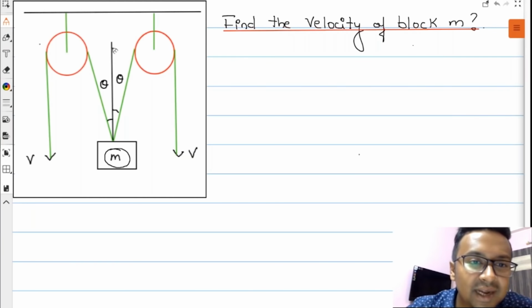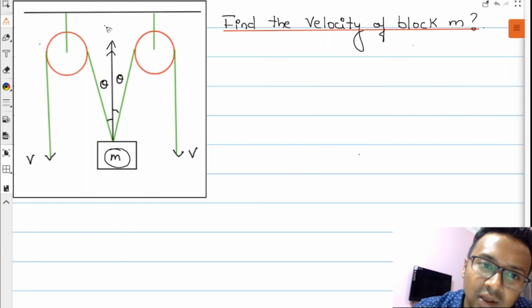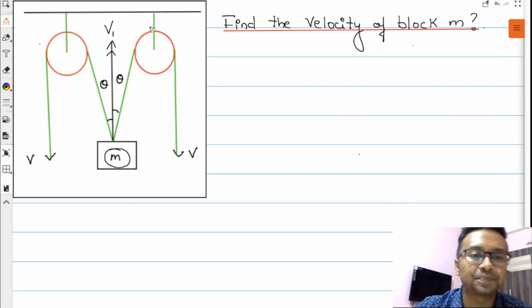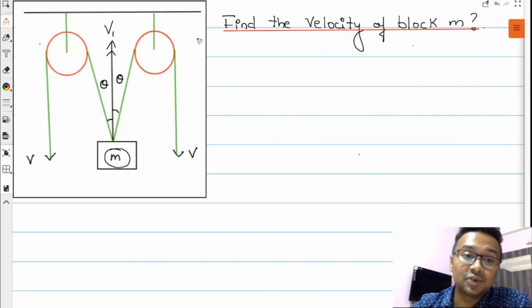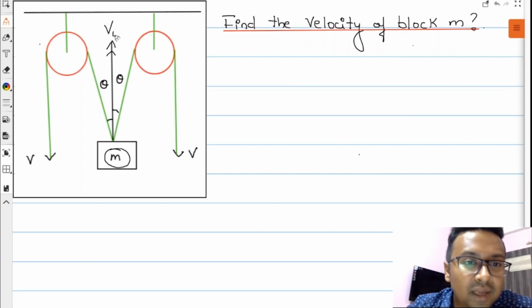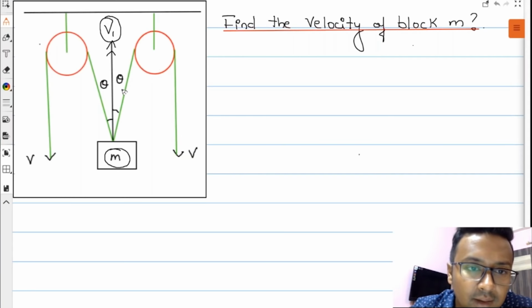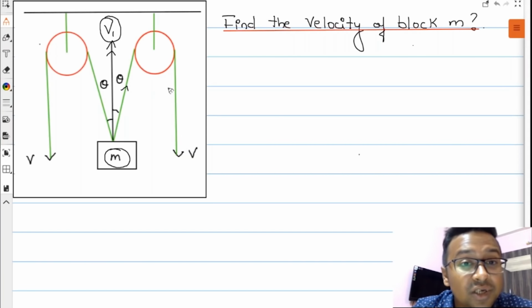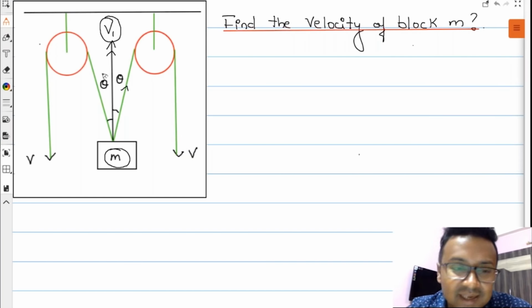Students, we know that it is going to go up, right? So let's say the velocity of this block is v1. Okay. Actually, students, another thing now, that's step number 2. We are going to take the component of these velocities along the string, because the tension out here is along the string, right?